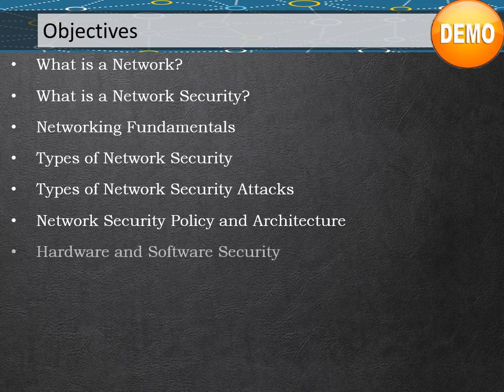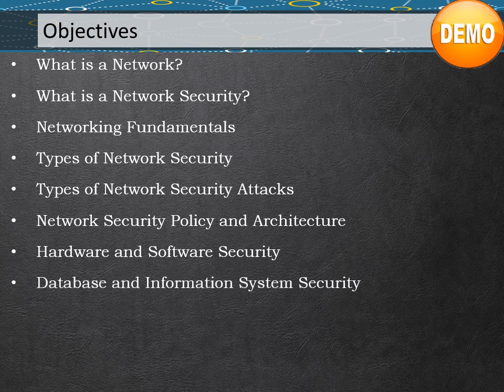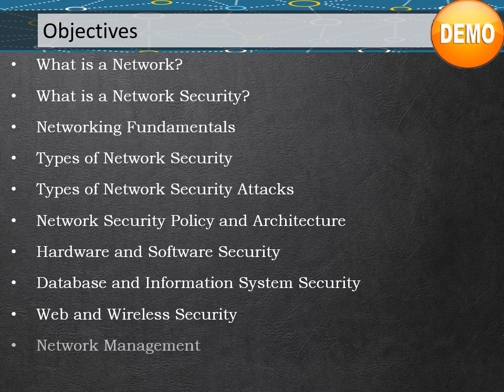Next, let's understand hardware and software security. Next, let's learn about database and information system security. Now, let's take a look at web and wireless security. Next, let's take a look at network management. Finally, let's take a look at network security process.